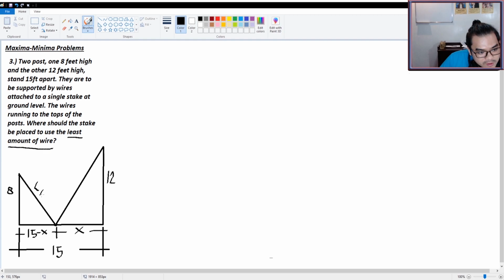Let's say this part is L1, and this second part is L2, the hypotenuses. Of course, this is a right angle, and this is also a right angle, right? So from the first triangle, we can apply the Pythagorean theorem.